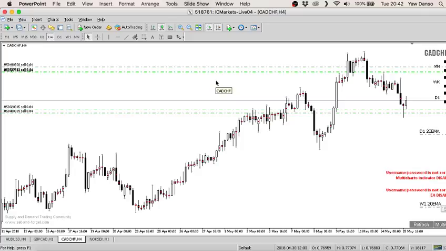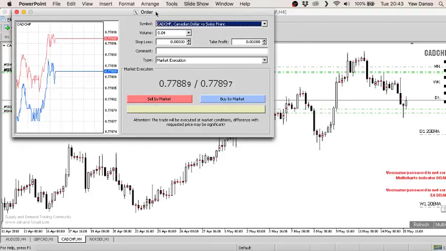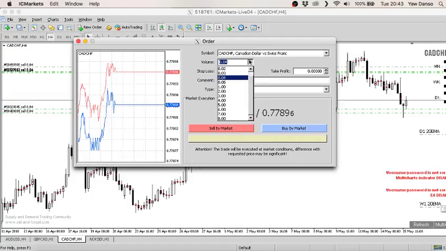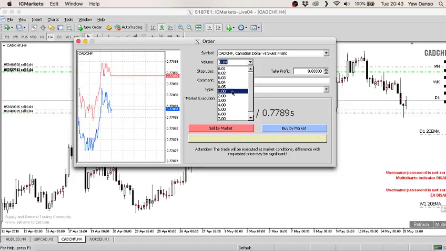Okay, so the quantity that you want to buy or sell is what we call lot. So here, if I want to buy one lot, I'll select 0.01.